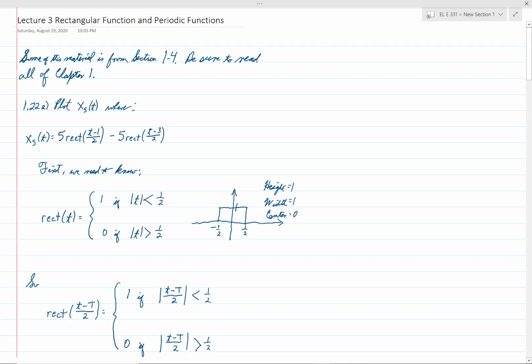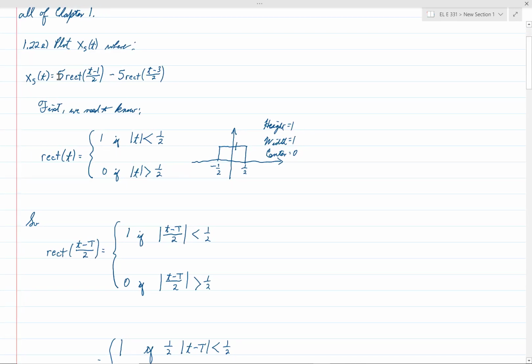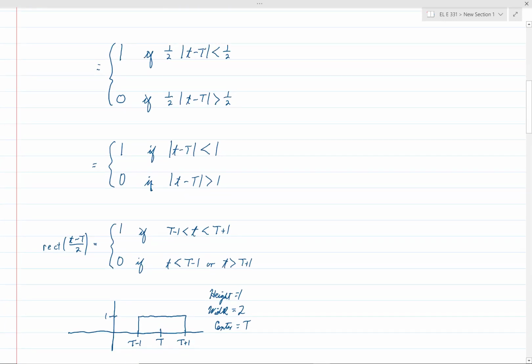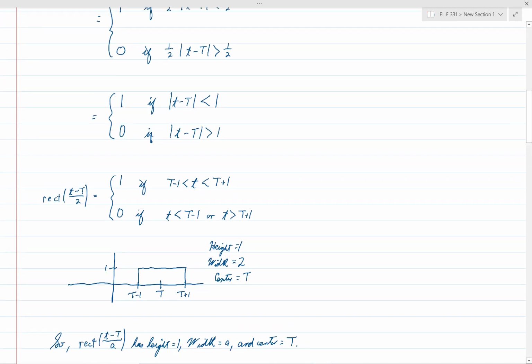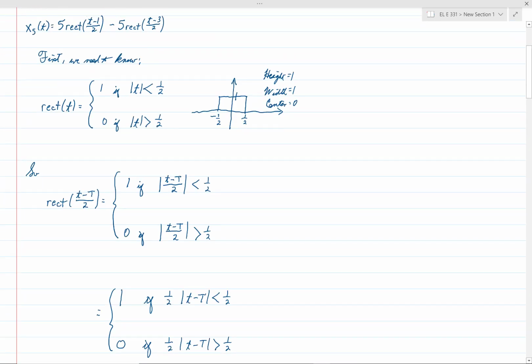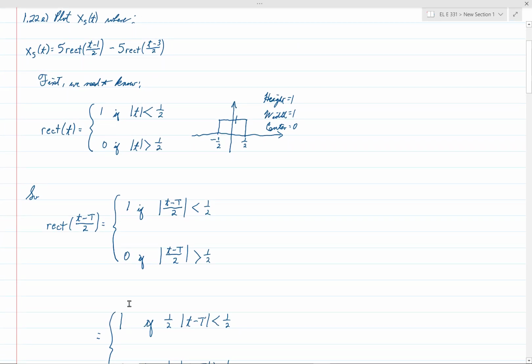So what I will do, both of these parts of x5 of t have the form of our rectangular function of t minus capital T over 2. So let's look and see what that would look like.